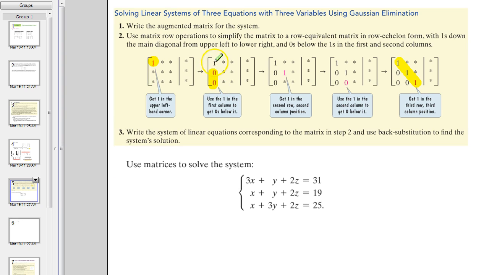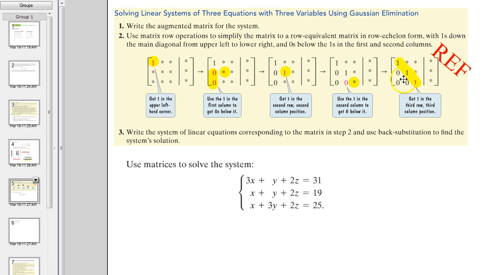And then once we have that 1, 0, 0, then we move to this middle position right here, and we make sure that we get a 1 right there. And then once we have a 1 there, we want a 0 underneath it. Alright, and then finally, once we have 2 zeros here, 1s on the main diagonal, then we finally move to that last position and make it a 1. And then we have our 1s on the main diagonal, our zeros underneath it, and that's called the REF, or the row echelon form.